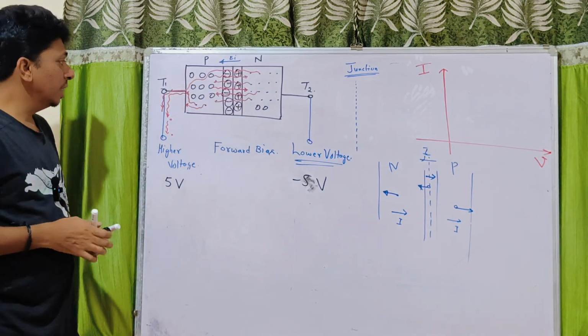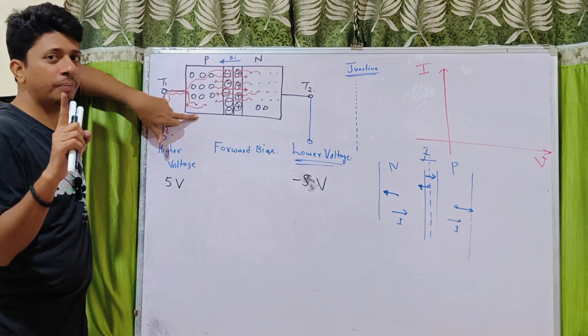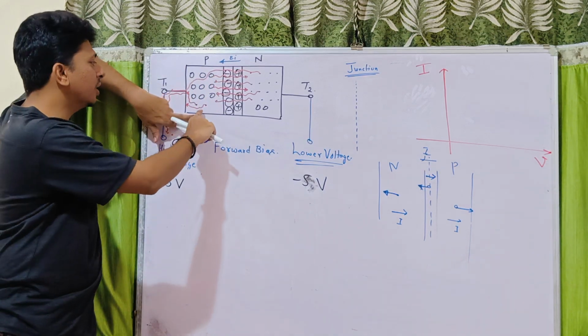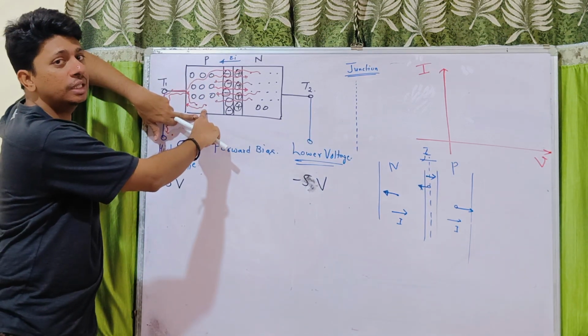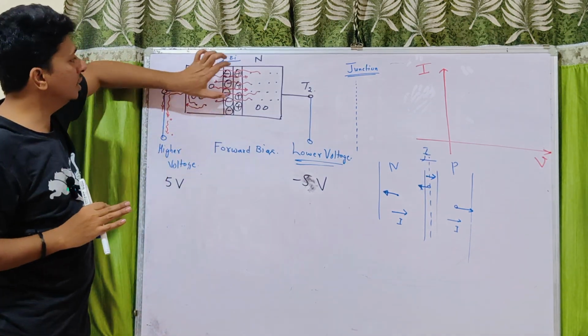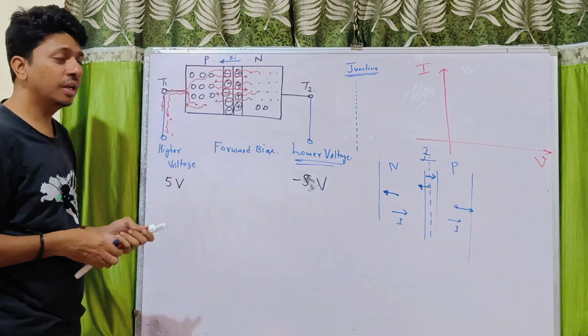So that means these electrons are not crossing the junction. That means whatever I you draw there now, these electrons will never contribute to that I. Whatever I you are going to draw is basically because of those electrons which are crossing the junction.